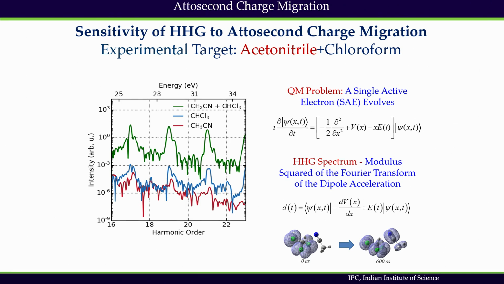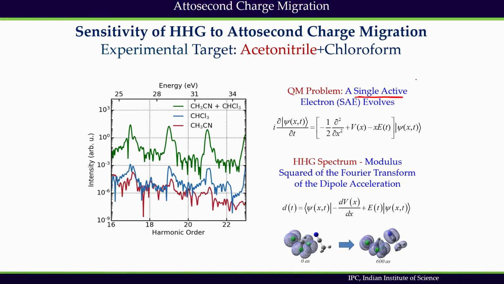I have an electron which was bound to the molecule first, then that electron is removed, or actually sent to the continuum. It is not localized anymore, it is in the continuum, and then again during recombination it is coming back. So the whole problem is that I had a localized electron, it goes to the continuum and again comes back and recombines.